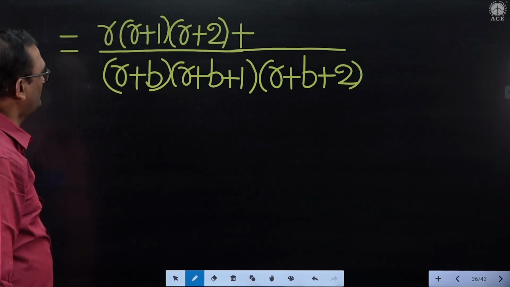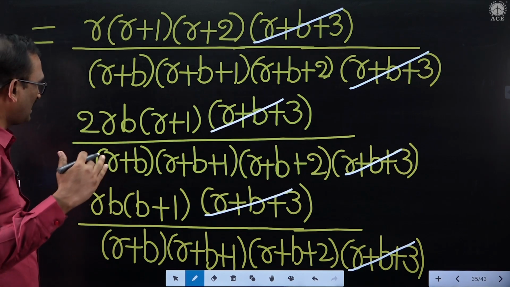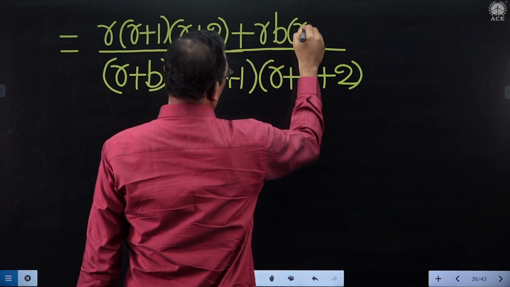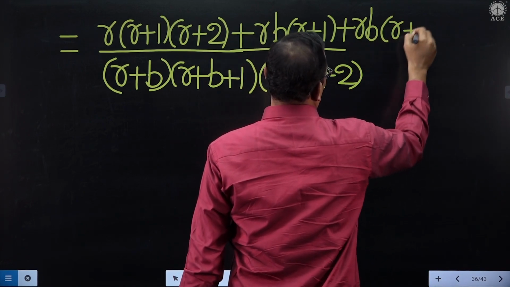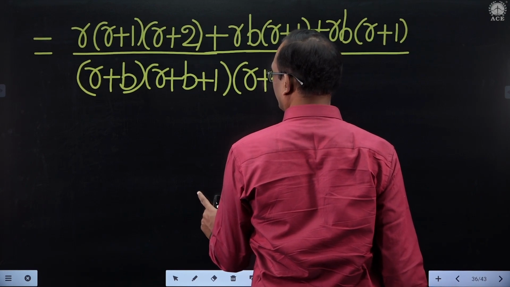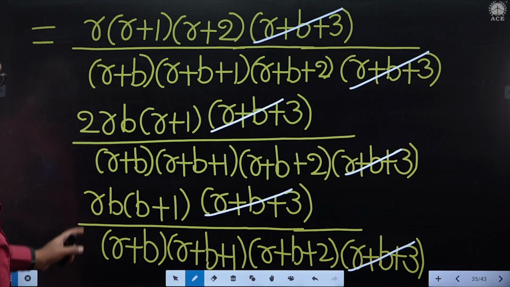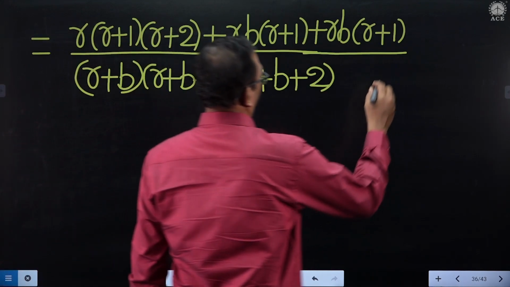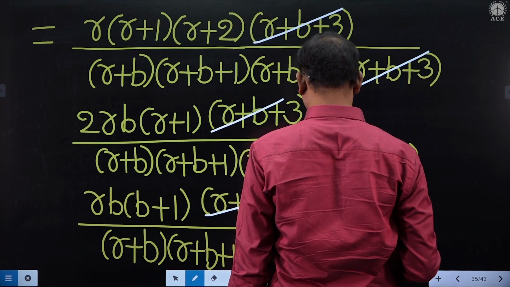Next term, 2rb r plus 1 will now be written as rb r plus 1 plus rb r plus 1, and the last term rb b plus 1, this one, rb b plus 1.